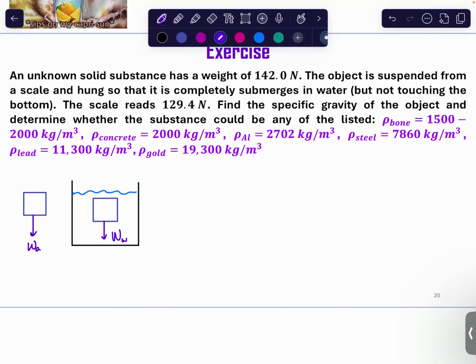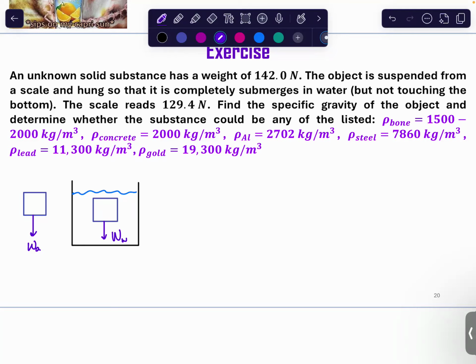Then you have the weight of the same object in water. The first thing we want to do is figure out what the buoyant force is. There's a couple ways you can set this up.